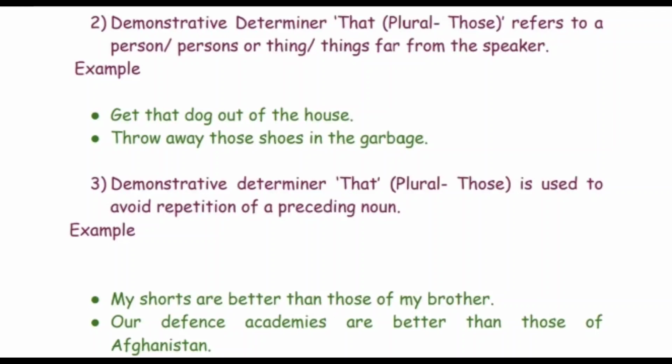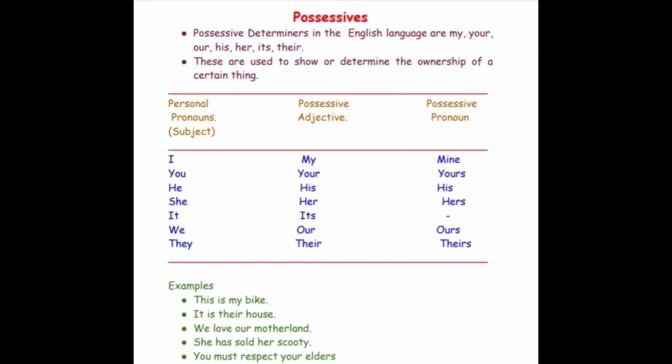So friends, this was the use of demonstratives. After demonstratives, we are going to talk about the possessives. We all know that there are two kinds of words that can be used as possessives. One is the possessive adjective and another is the possessive pronoun.